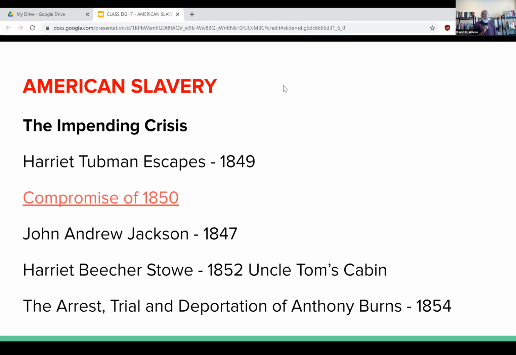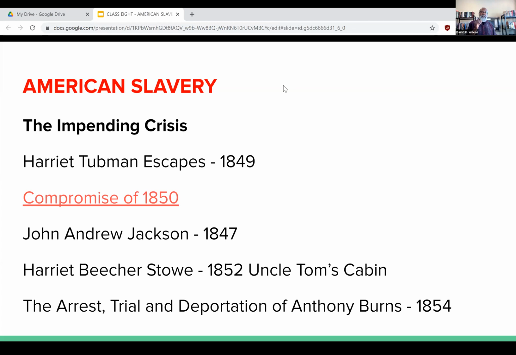Many of these arrested, alleged enslaved people were in fact free people of color.